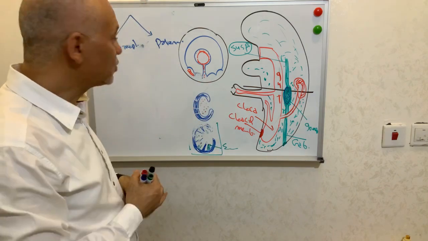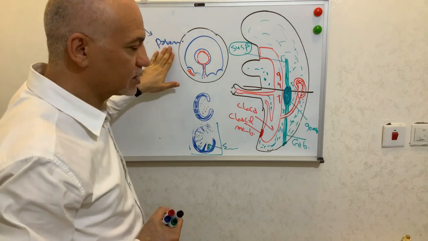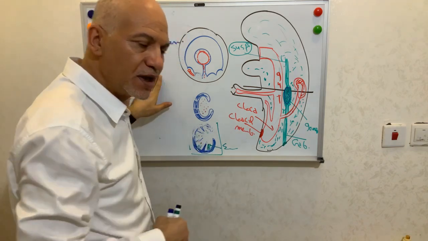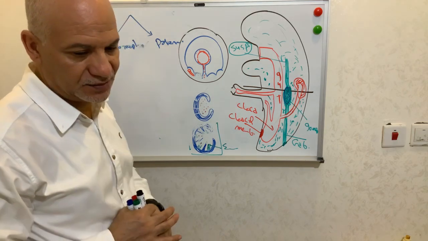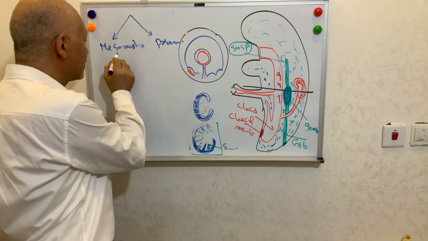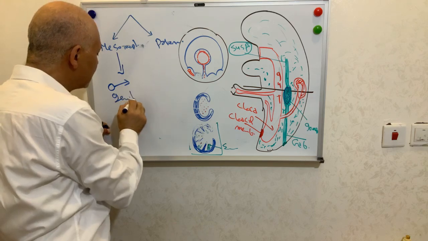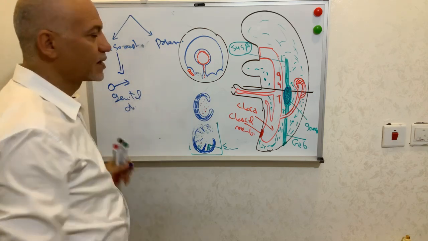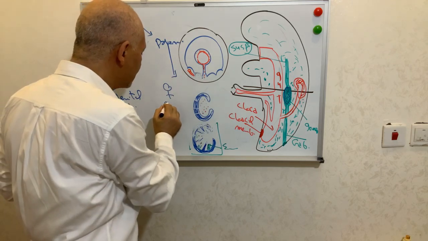The male embryo has the mesonephric duct and the paramesonephric duct. Also, the female embryo has the mesonephric duct and the paramesonephric duct. The mesonephric duct gives the male genital ducts. The paramesonephric duct gives the female genital duct.